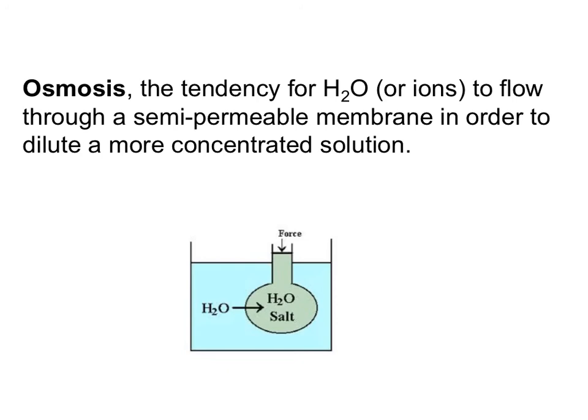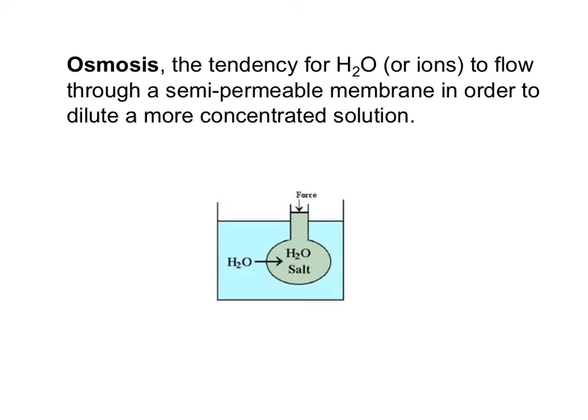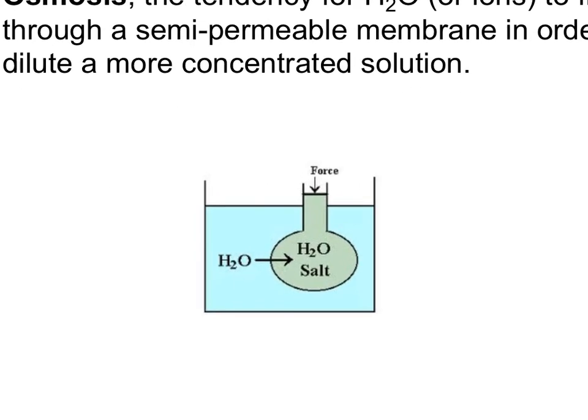And then the third colligative property here is osmosis. It's different. Osmosis is the tendency of water or ions to flow through a semi-permeable membrane in order to dilute a more concentrated solution. And you can see this in this figure here. So you've got a beaker, and you have in there some kind of container that is permeable or semi-permeable to molecules and ions.